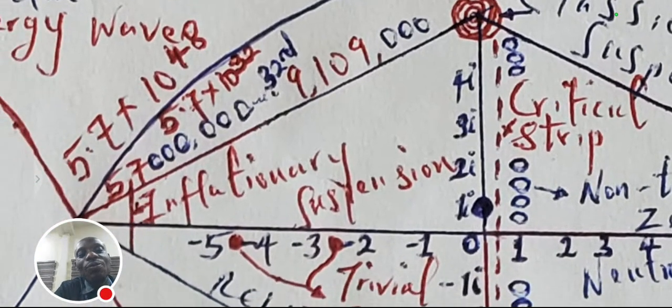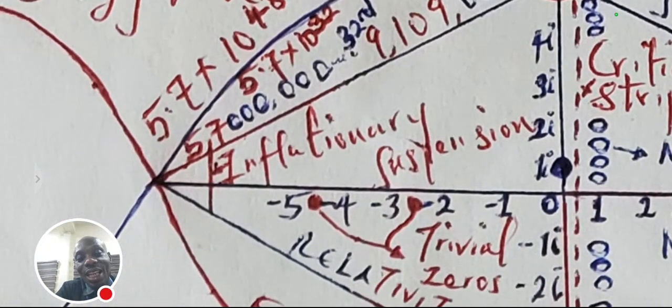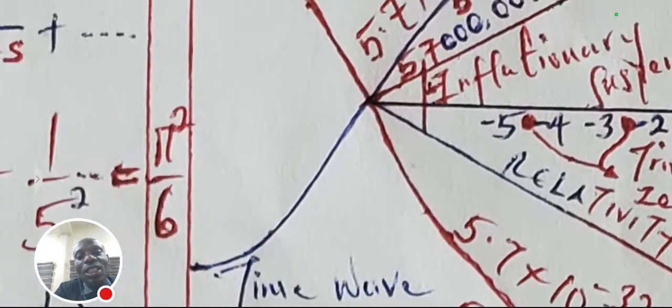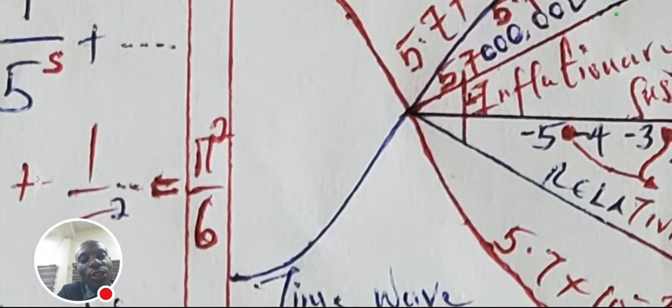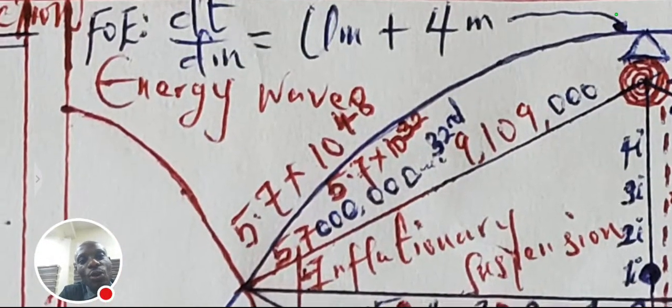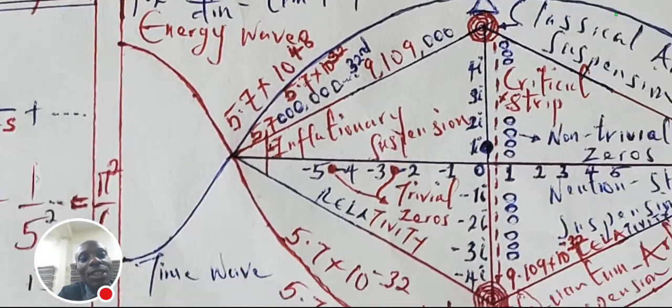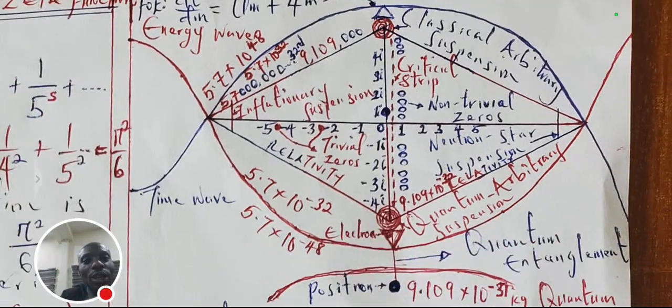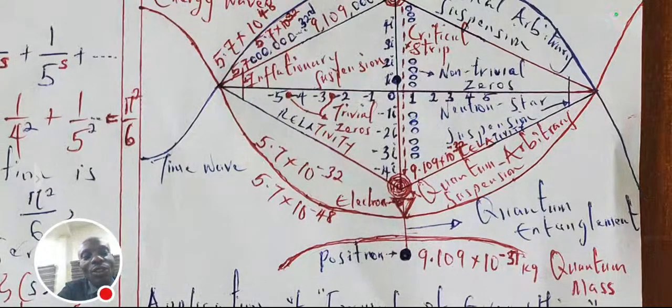Now we have this diagonal trajectory in time. We must as well have a reaction of that in energy. Now don't forget that this blue curvature represents the time wave, while the red curvature represents the energy wave. So for us to have a reaction of that time action in energy, we then have this other diagonal line.